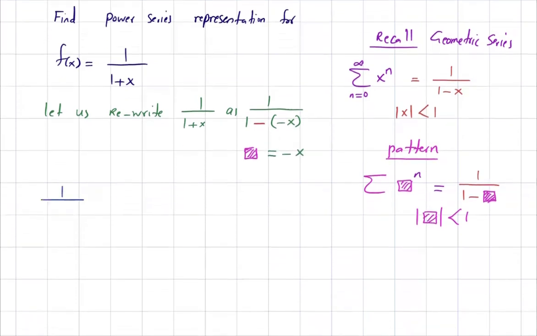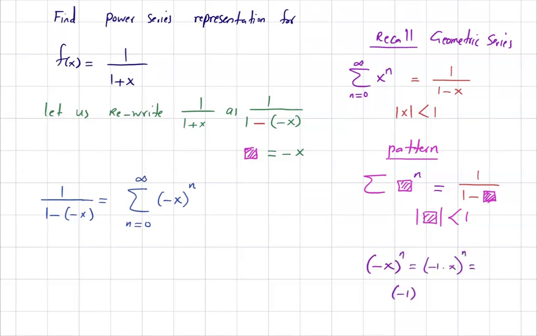1 divided by 1 minus the box can be written as the summation of negative x to power n, starting from 0 going to infinity. But from algebra, we know that negative x to power n is negative 1 times x to power n, which can be written as negative 1 to power n times x to power n.